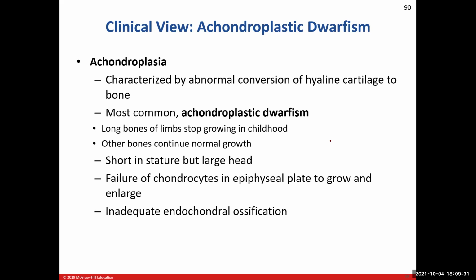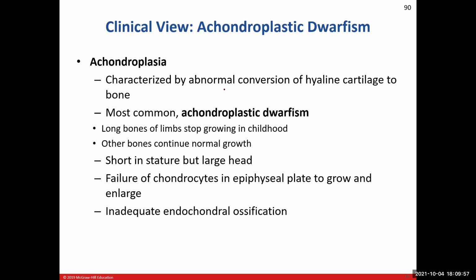When we're talking about achondroplasia, you may have seen folks that are achondroplastic dwarfs, usually folks that are short in stature. It's a genetic trait, and unfortunately there's a problem with the conversion of cartilage tissue into bone.